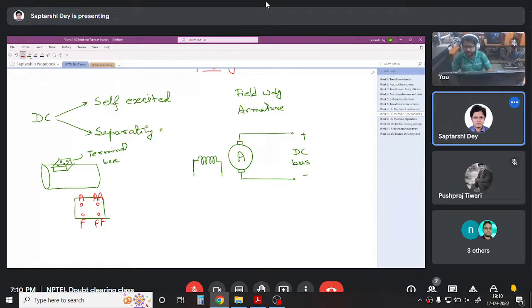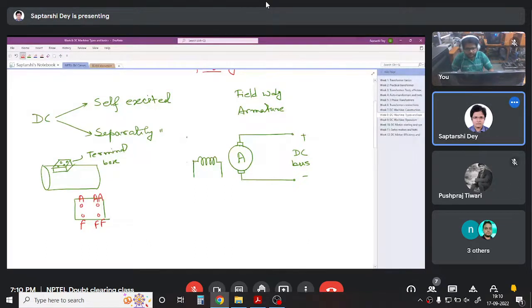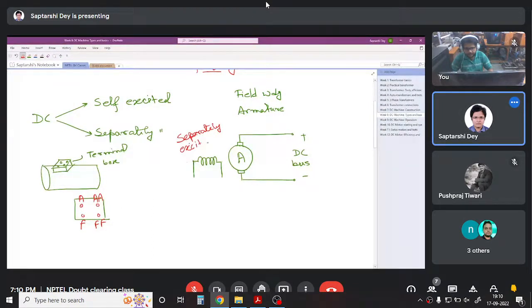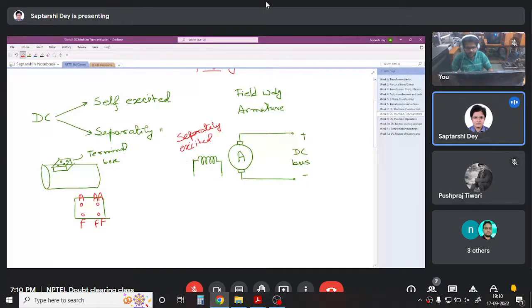So now first we will see what is a separately excited DC machine. We have an armature here, we have field here. Now separate excitation is, I will keep a copy of this, we will need this.